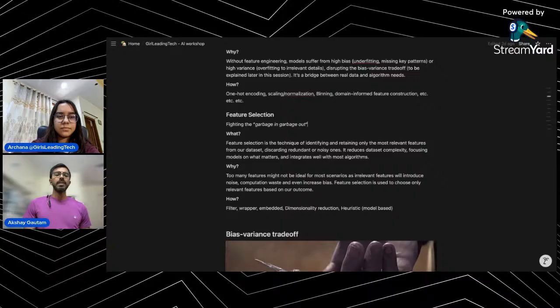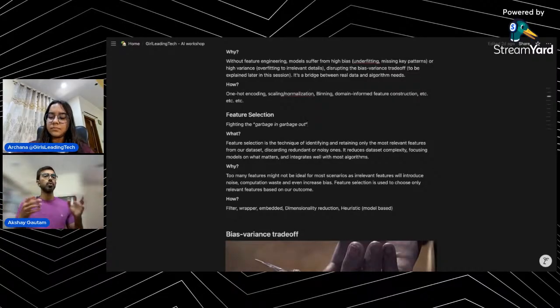Too many features might not be ideal for most scenarios, as irrelevant features will introduce noise, computation cost, and even increase bias. First of all, computation cost, let's get done with it, right? If you're rich, if you're OpenAI, if you're Google, you don't care about it. You're GPU rich, your algorithms can run day and night for months.